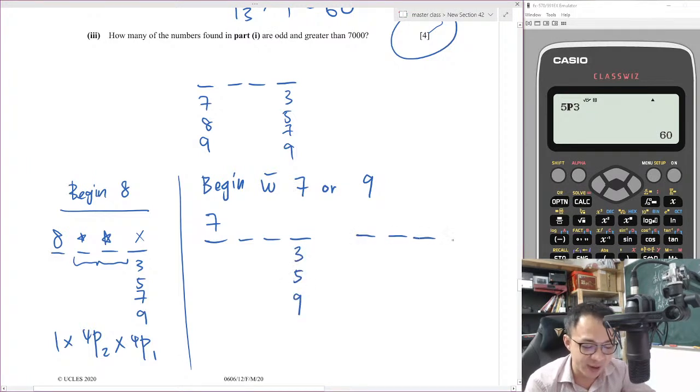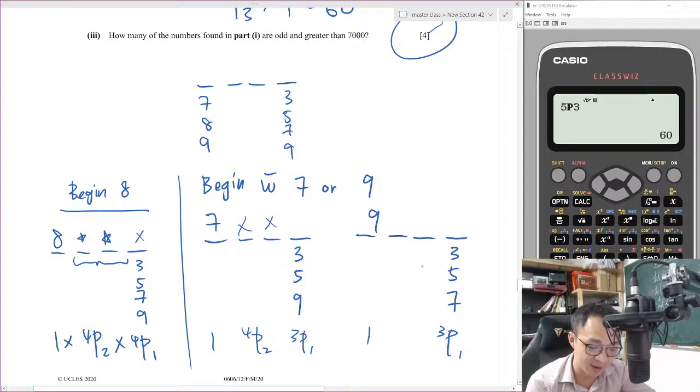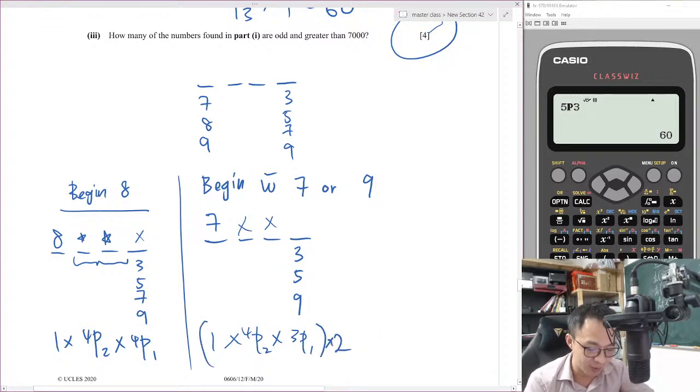If I begin with 9, the last digit is 3, 5, or 7. So here is 1, here is 1, this is 3P1, this is 3P1. And then the middle is still 4P2, because we still have 4 numbers left and we choose 2 to insert here. Basically both of these examples are the same thing, so I don't need to do it twice in the exam. I will just use this answer and multiply by 2. And then I add my first answer here, and I will get my correct answer.